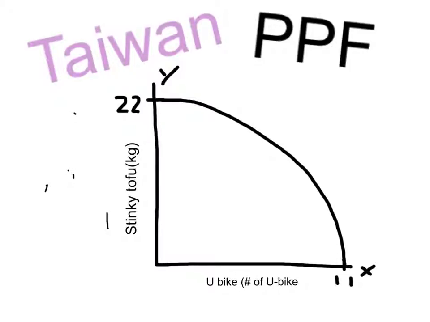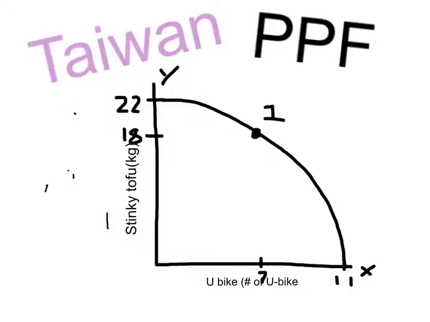And let's label our 4 dots. So the first one I'm going to pick is 18 kilograms of tofu with 7 numbers of bike. Okay, so let me just point a dot here and label it dot number 1.